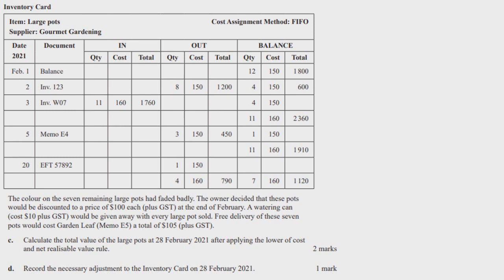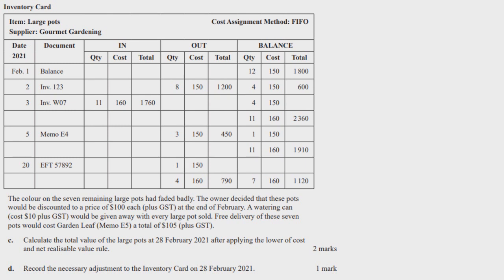Alright, next bit. Underneath the inventory card, they told us the color of the 7 remaining large pots has faded badly. The owner decided that these pots would be discounted to a price of $100 each, plus GST, at the end of February. A watering can costs $10 plus GST and would be given away with every large pot sold.